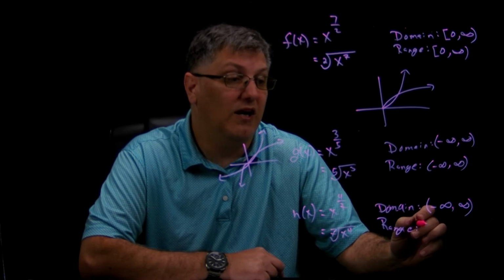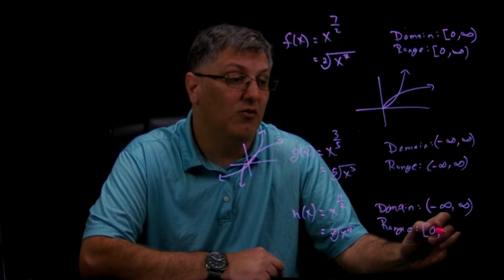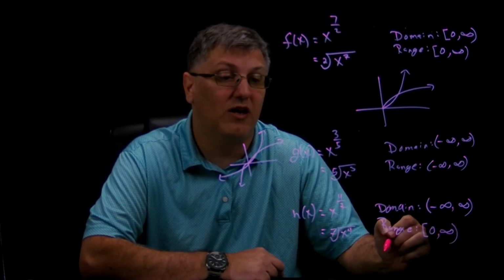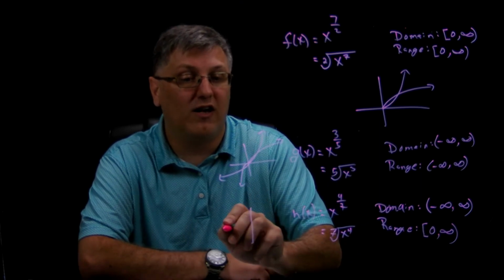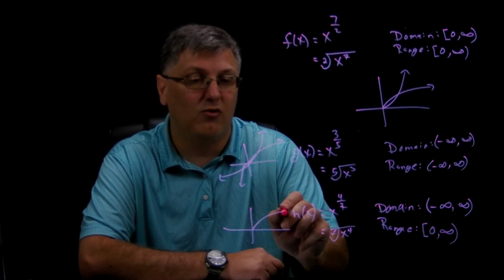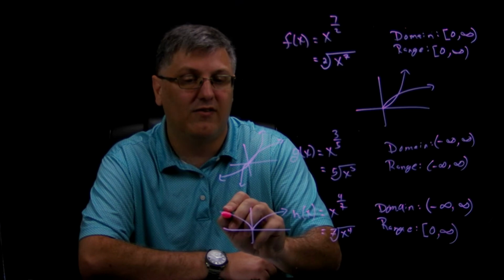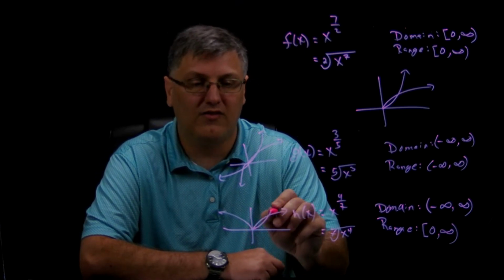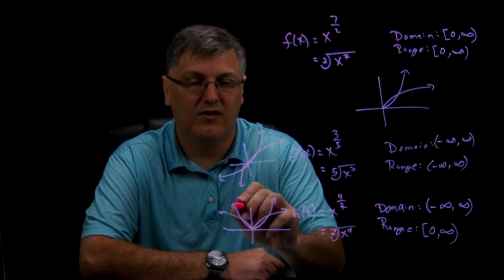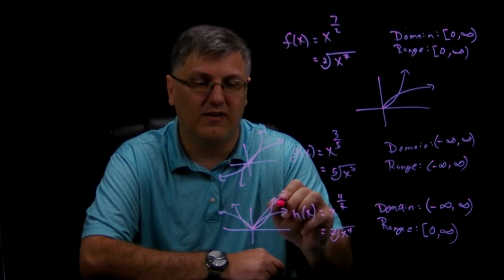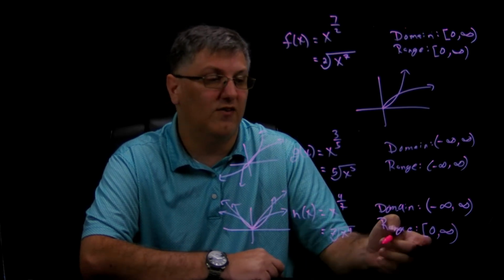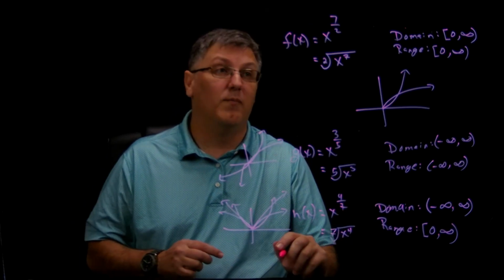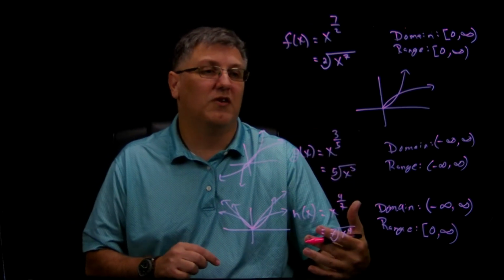So my range is actually from 0 to infinity because I'm never going to get a negative number. These graphs look kind of cool. They kind of look like this or some other variation of it. You can get stuff like this. You can get stuff like this. But the fact is that you're never going to get a negative number. So that's how you do it with numbers.